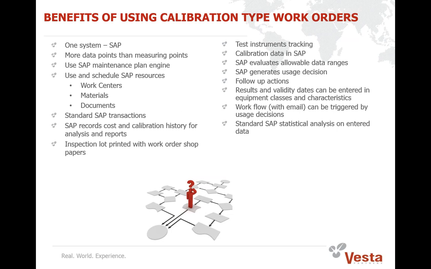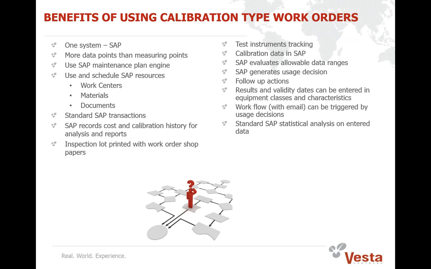You make use of SAP's planning engine, so you can schedule your resources and your materials right within SAP. You still have access to standard SAP transactions for work control, and it is SAP that does all your cost recording and it keeps the calibration history for analysis and reports. Use of calibration test instruments is tracked using serialization or equipment numbers, which provides a linkage from your test equipment to your field instrument.